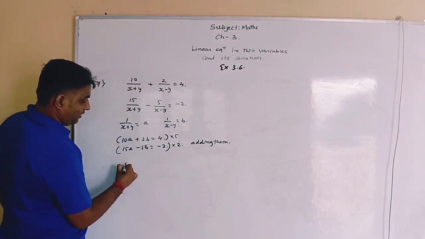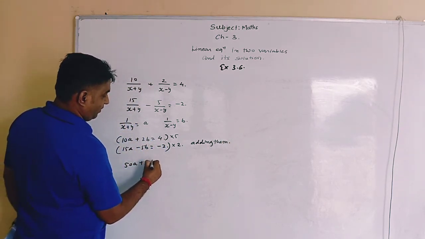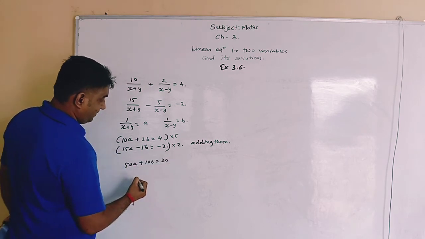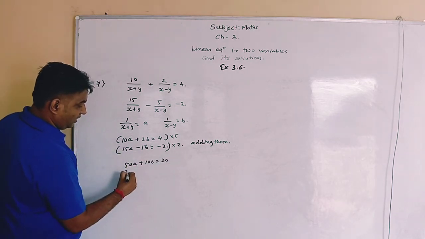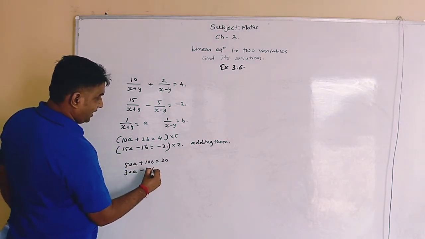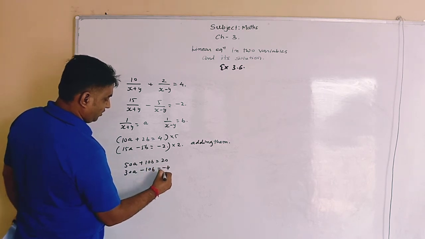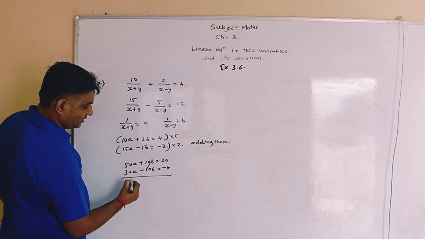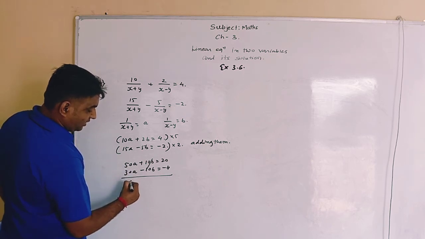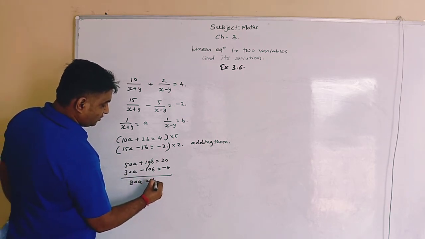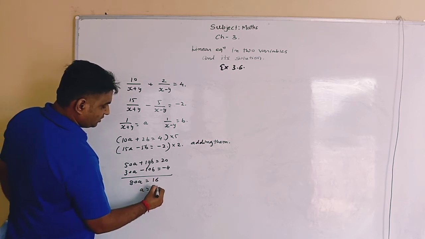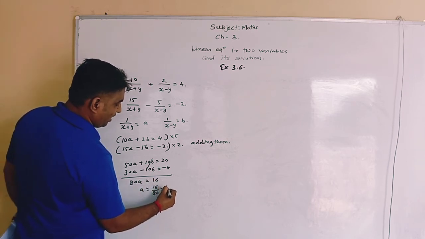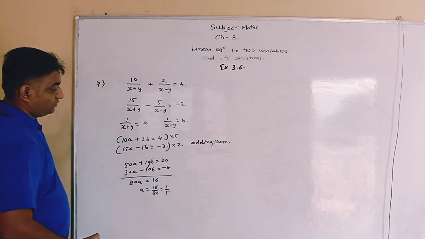Then we get 50a plus 10b equals 20, and here 30a minus 10b equals minus 4. So here 10b cancels, 50 plus 30, 80a equals 16. So a equals 16 by 80, which is 1 by 5.